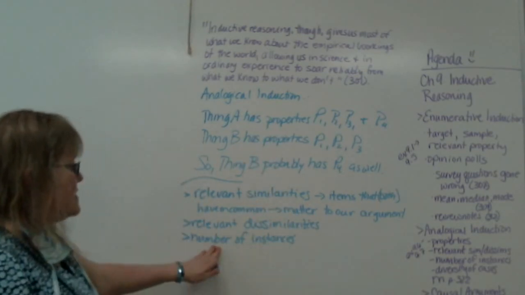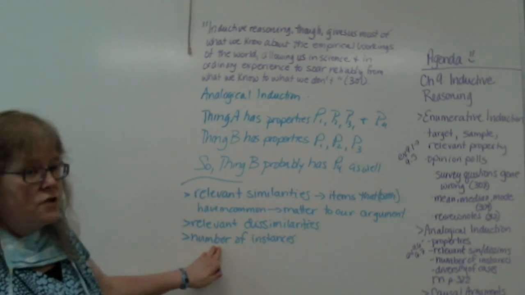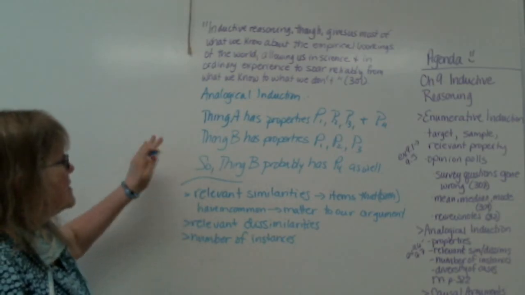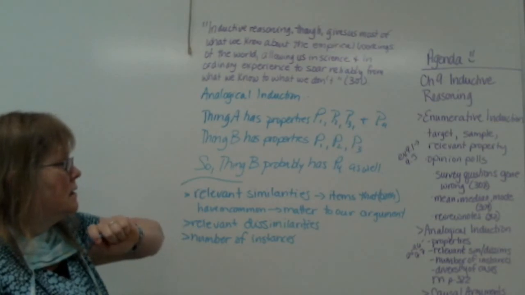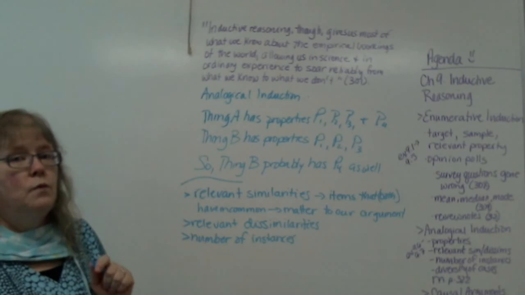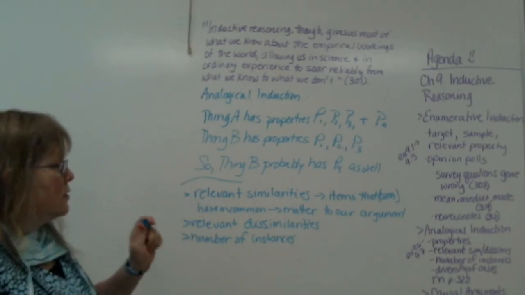So my number of instances is not very high. It's only 2, 1 of each. Now, if I could say, thing C has properties 1, 2, and 3 as well. It also has a prehensile tail. Oh, well, maybe that helps thing B have a little better chance.